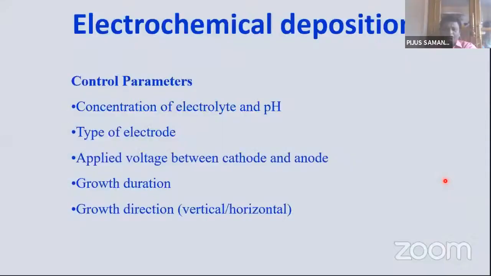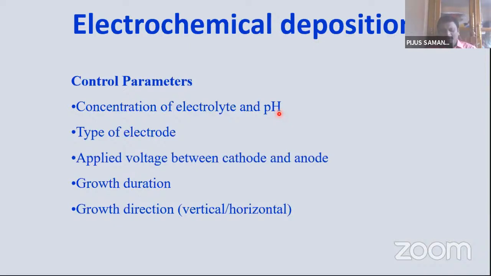Okay, so what are the control parameters? As you have already discussed, the control parameters are obviously the concentration of the electrolyte, the pH of the solution, and the type of electrode we are using. Suppose in one experiment we use a glass substrate, and in another experiment we use a quartz substrate. In both, all other conditions remain unchanged. In these two cases, by changing the substrate, the grown structure will be different, because the grown structure also depends on the crystallinity of the material.